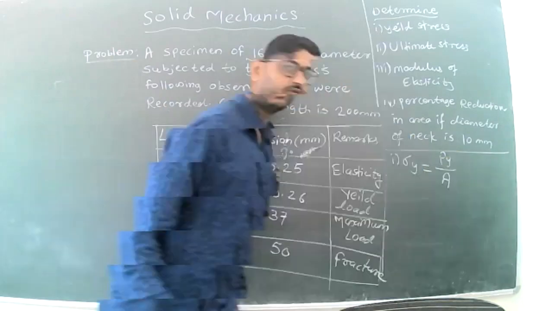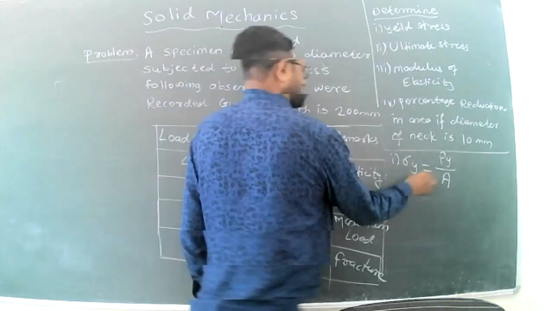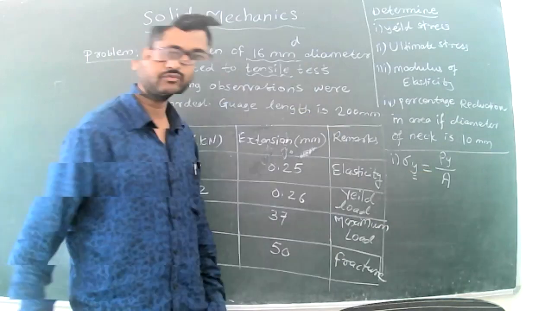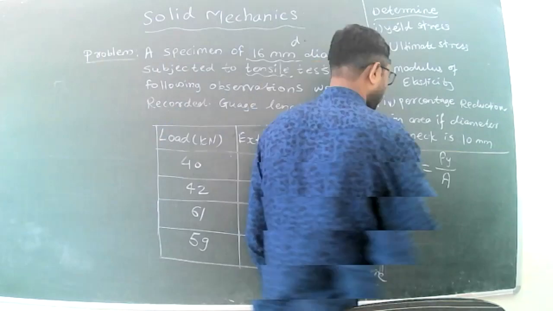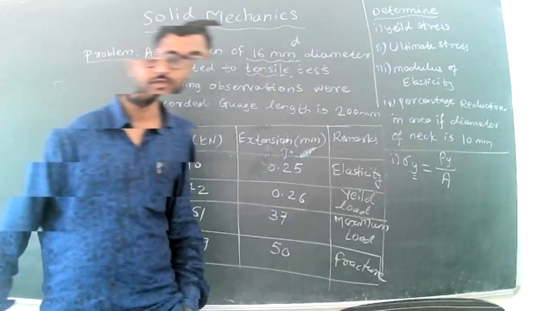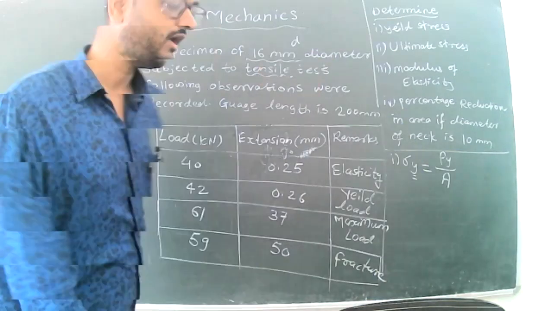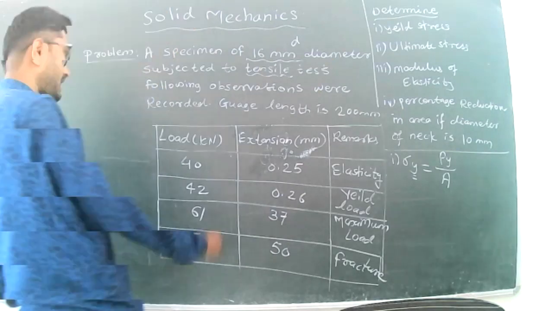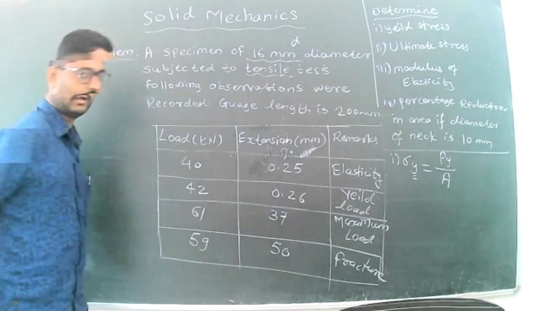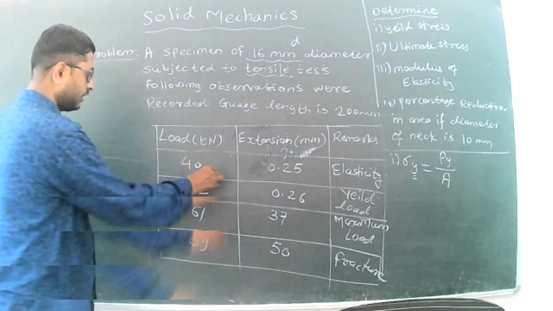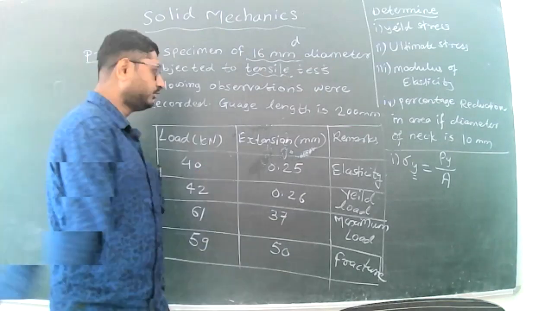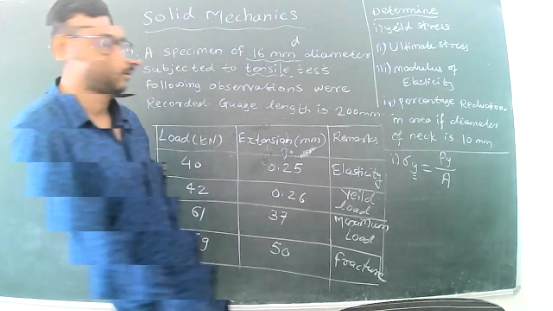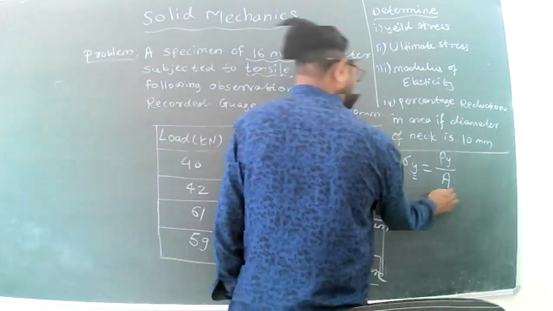For yield loading, sigma y is equal to Py upon area. Py is the yield load, given as 42 kilonewton, which in Newton is 42 into 10 raised to 3 N, divided by area.